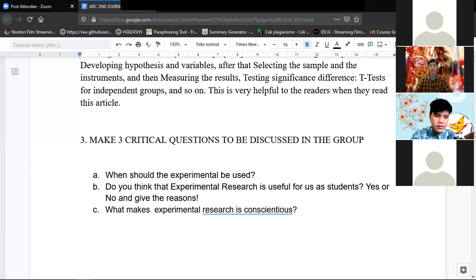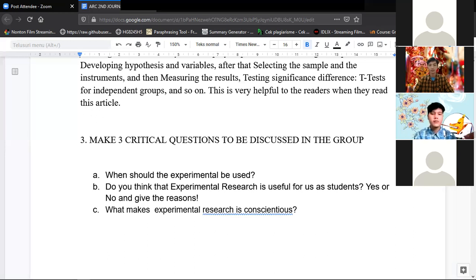How about you, Miss Ribka? What do you think? I think we have to use experimental research, like what Rico said before, when we want to know the relationship between two variables, and also if we want to reject a null hypothesis, meaning an accepted hypothesis that we want to reject.